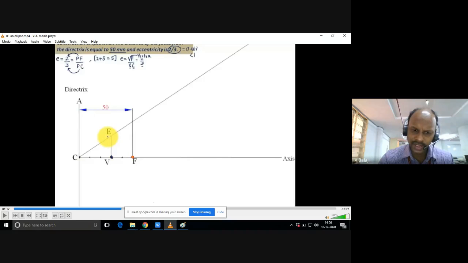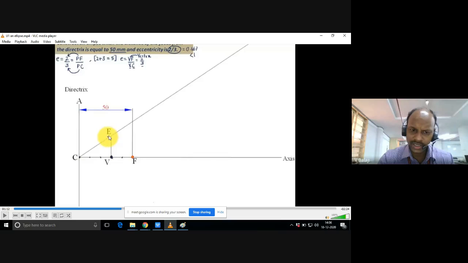What is the length of VE? You are not listening carefully. VF is equal to VE. I'm saying it repeatedly. You can measure VF with the compass and keep the same length above.